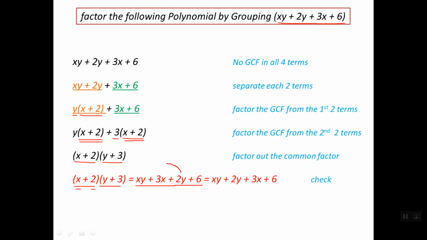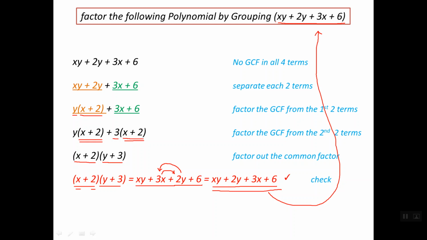If you switch the location between the second term and the third term, you see that we have the same result as the same polynomial. So if you check here, this is the same as the original polynomial. So our solution is completely correct.